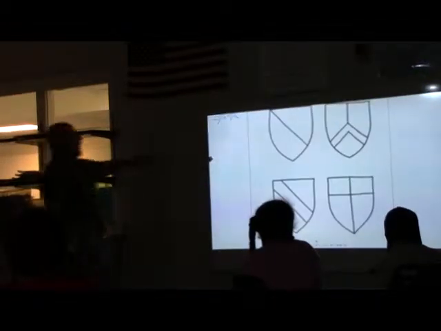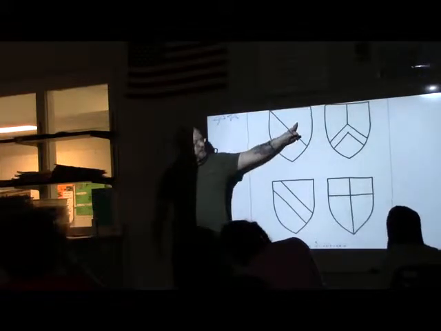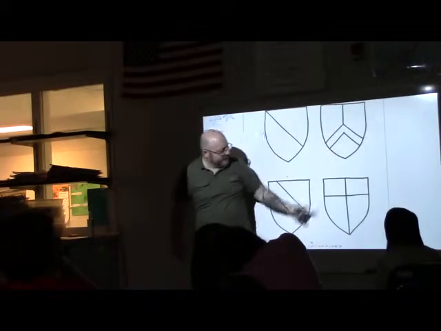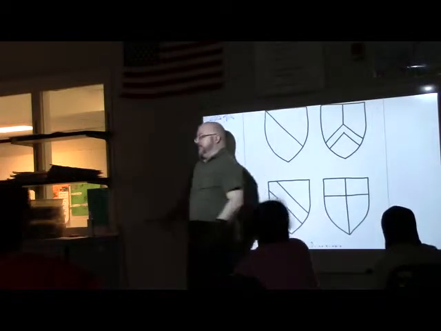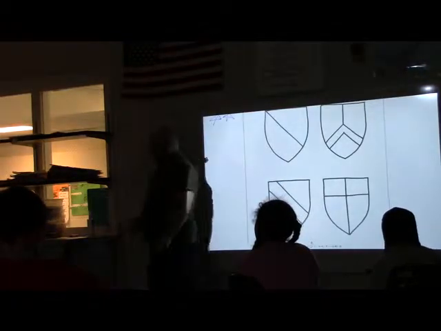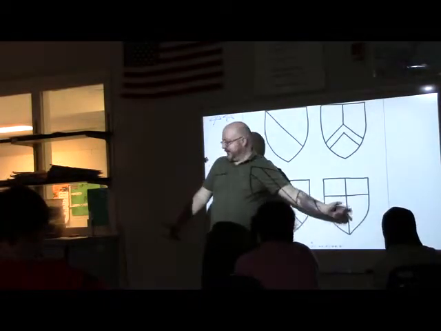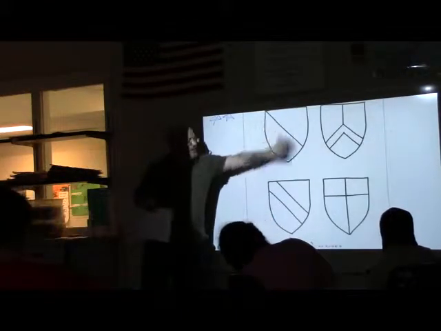If you were going to use this one, how many symbols would you have? At least 2, right? This one you might have 3, and this one you could either have 3 or 4. If you really like this design, but you don't want to have 4 symbols, one of these could just be a color instead. Okay? So, that's step 1. You're going to choose one of these.